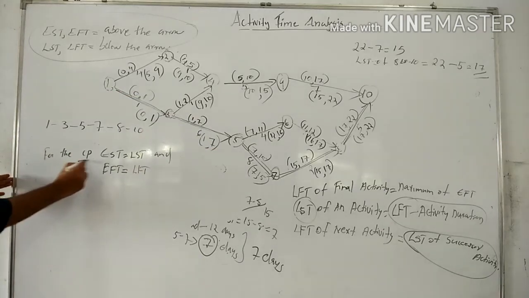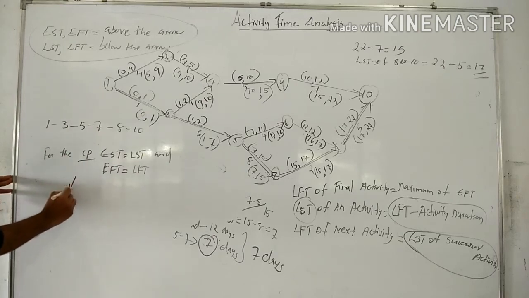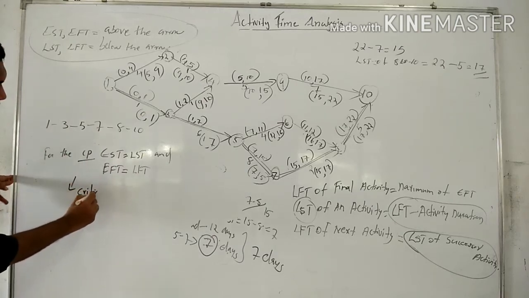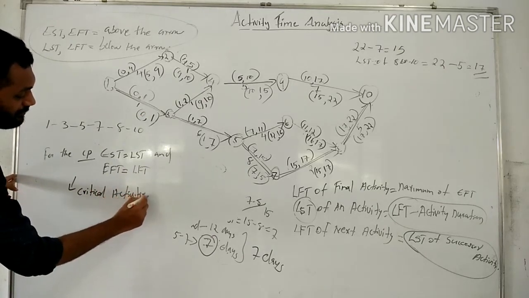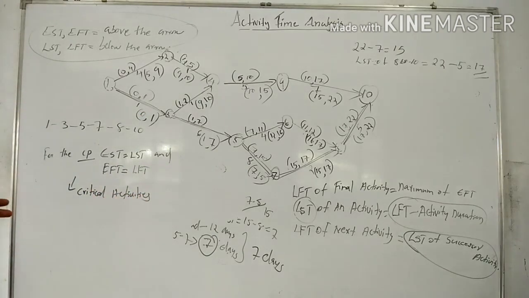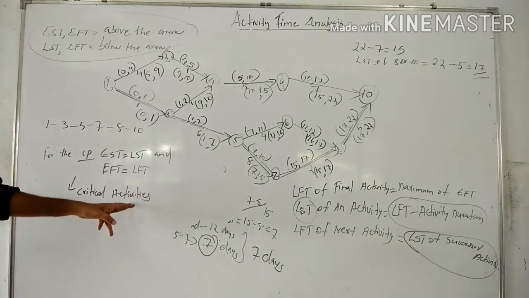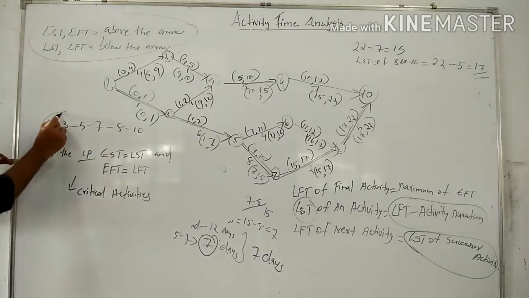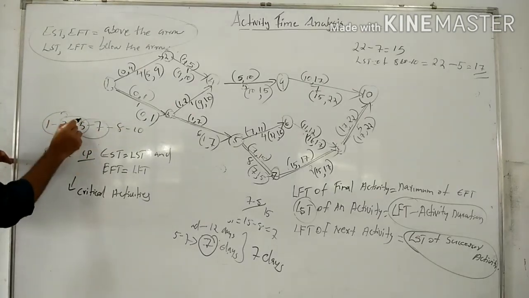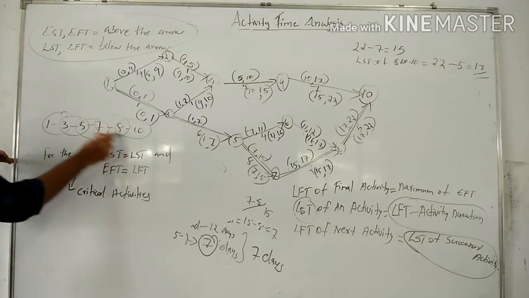Activities in the critical path are known as critical activities. So here the critical activities are 1 to 3, 3 to 5, 5 to 7, 7 to 8, and 8 to 10.